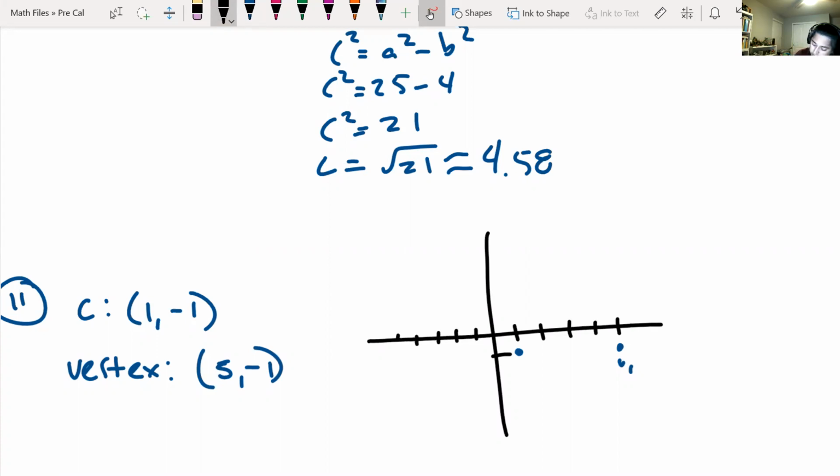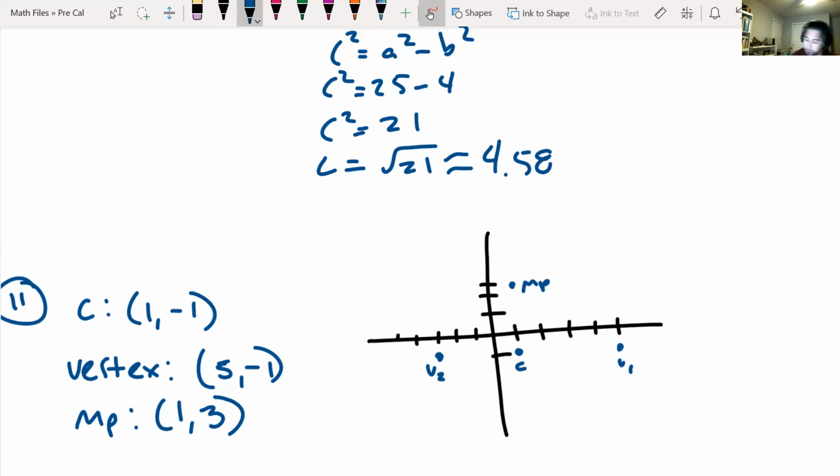So 1, 2, 3, 4, and there would be vertex 2. Here's the center. And we're going to just have to assume that that is the minor point at 1, 3. So that's going to be a minor point.